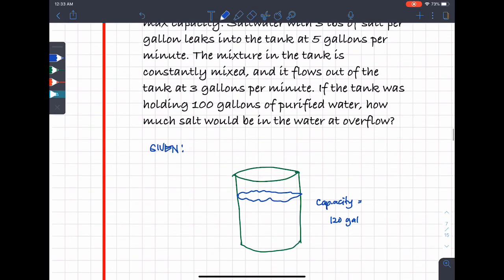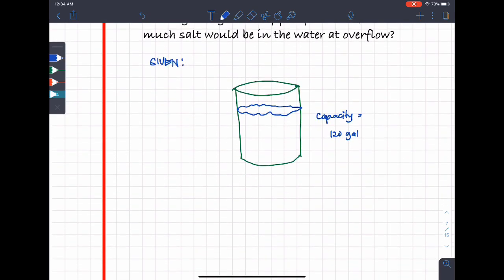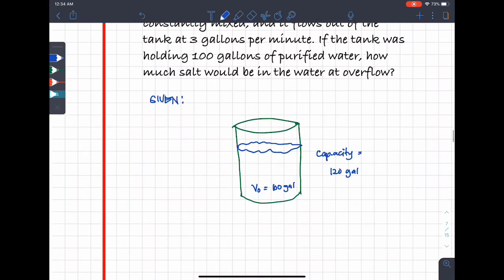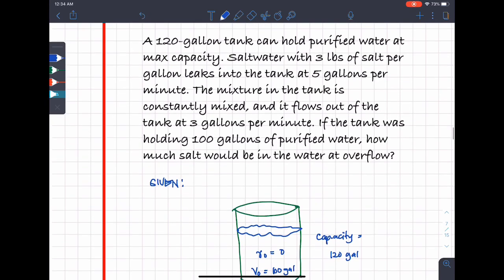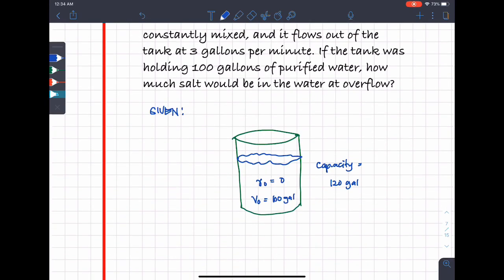Based from the problem, the tank was holding 100 gallons of purified water, so it means 20 gallons to fill it up. And since that is pure water, initially salt is not present. How about the input concentration?